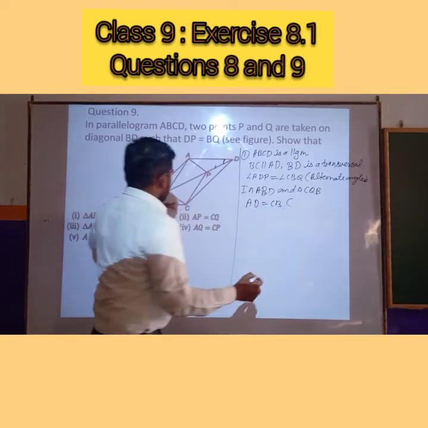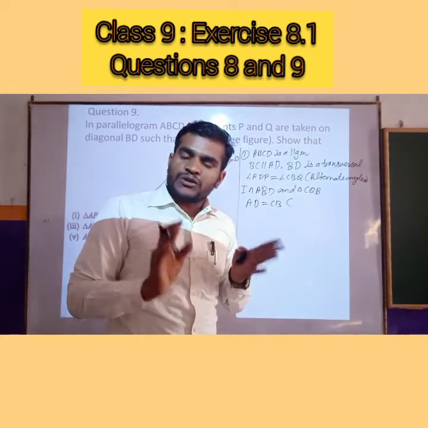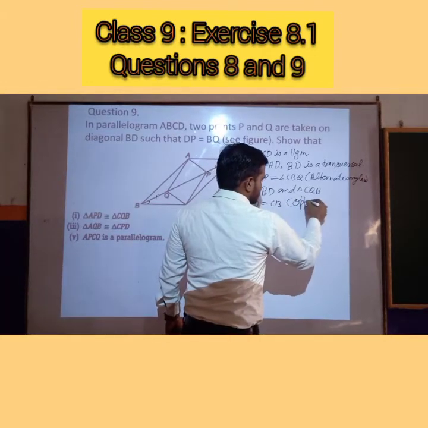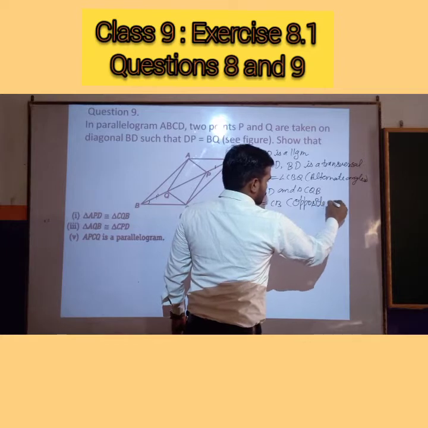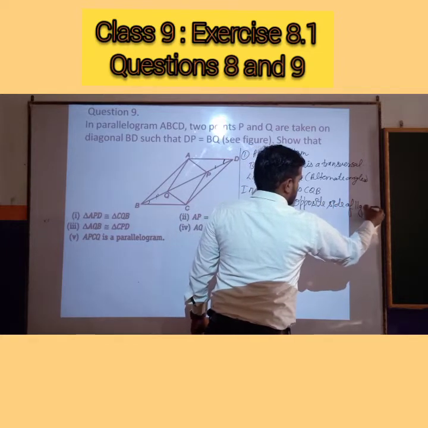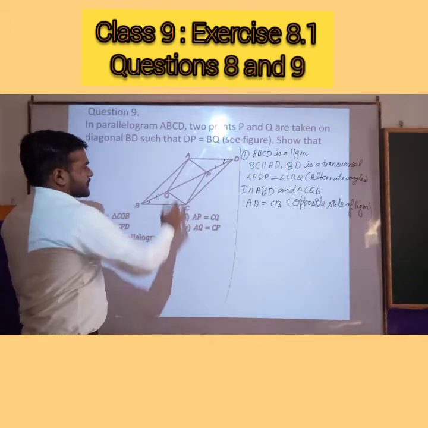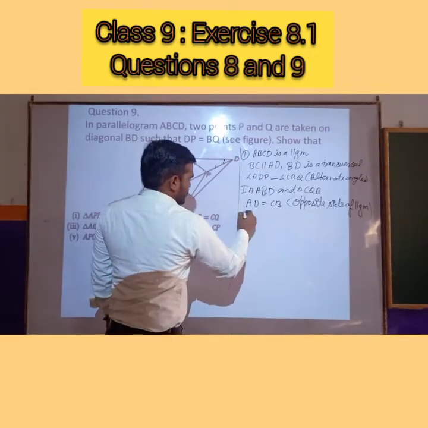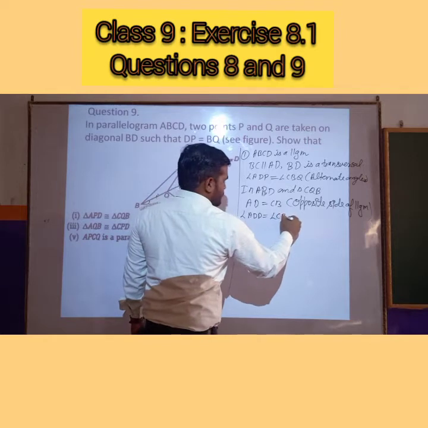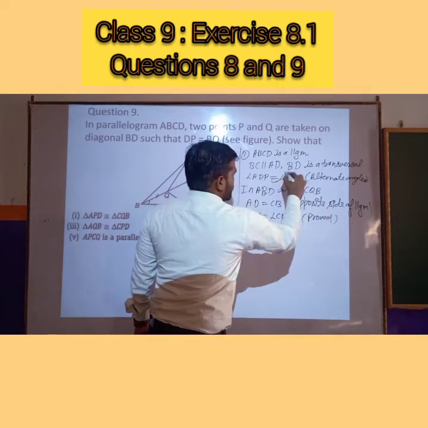That's because they are opposite sides of a parallelogram, and we know that opposite sides of a parallelogram are equal. And angle ADP is equal to angle CBQ, which we have already proved.